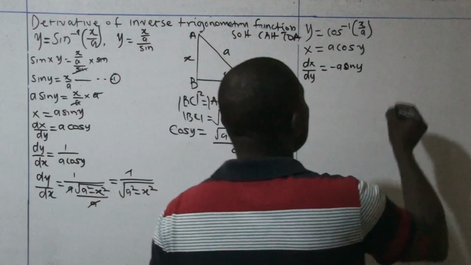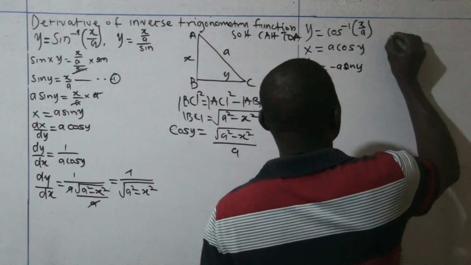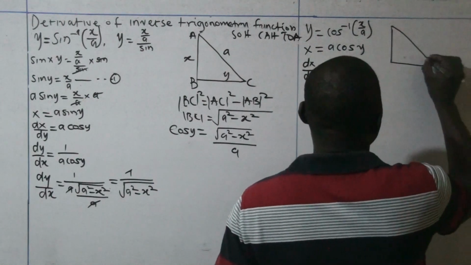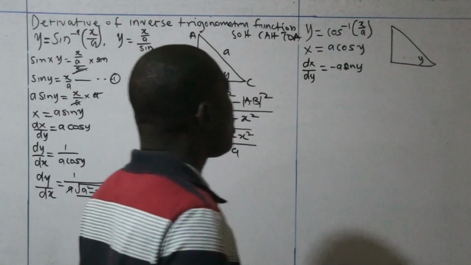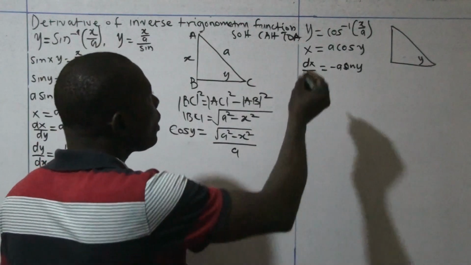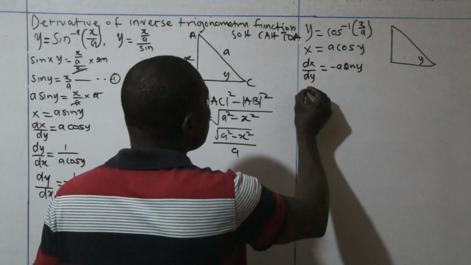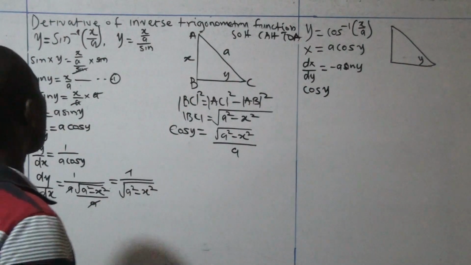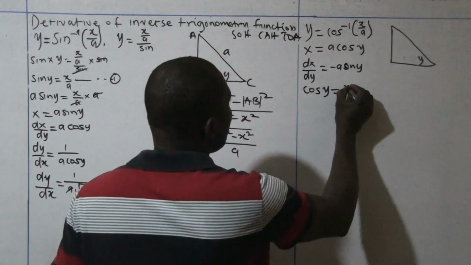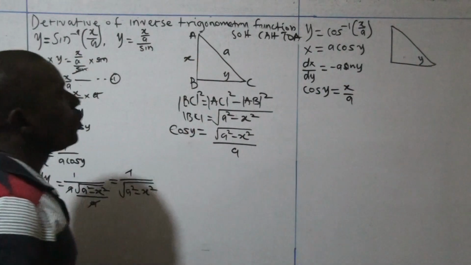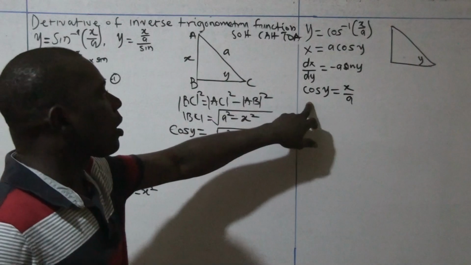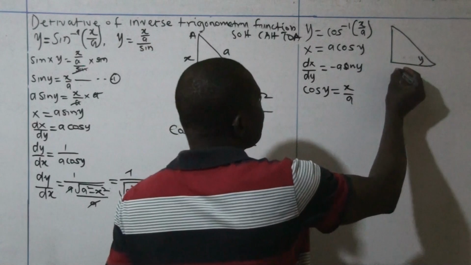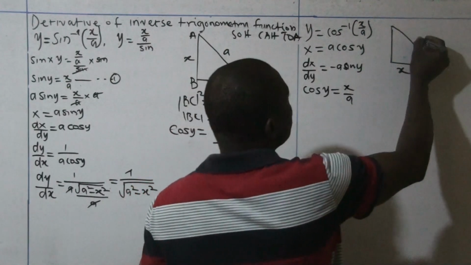Then let's come to our right angle triangle and establish the facts for cos y. Cos y is x over a, which is adjacent over hypotenuse.